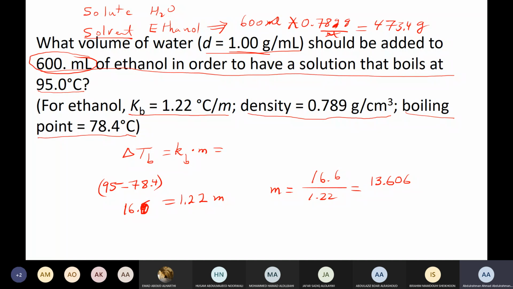Good. How many moles of water? 13.606 moles per 1 kilogram of ethanol.